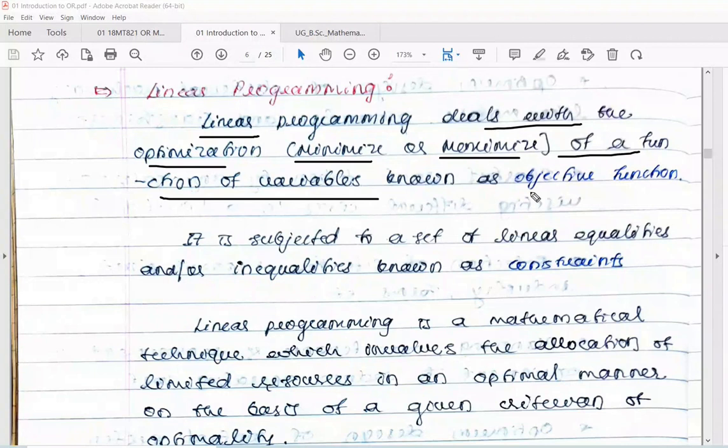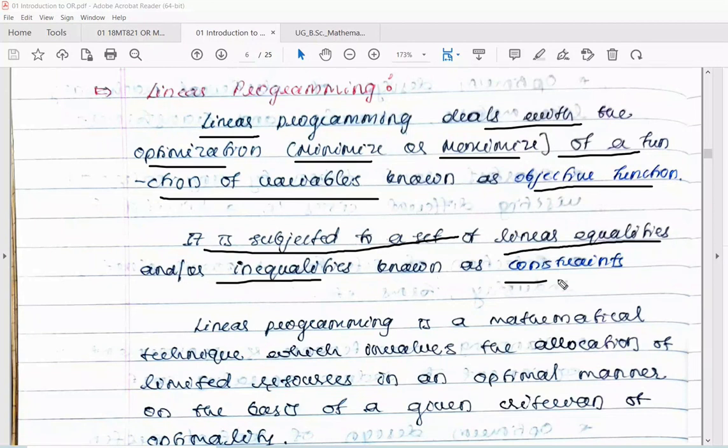That is called the objective function, which is subjected to a set of linear equations or inequalities called constraints.